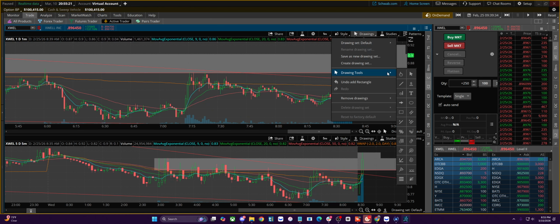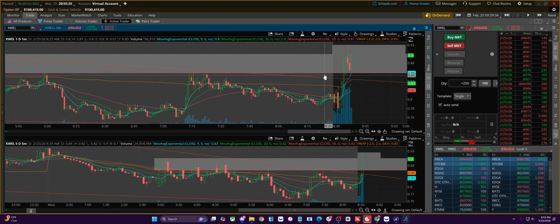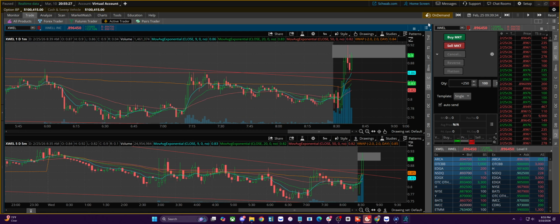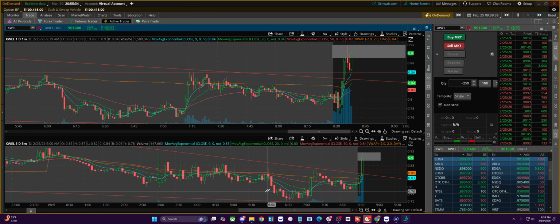Oh, hold on. This is why I hate this drawing. It's so much less intuitive than Webull. Okay. So now we have that area of supply sitting overhead because we know it tried to break out, failed to do so. So the only way I can play it now is to break over that next high.